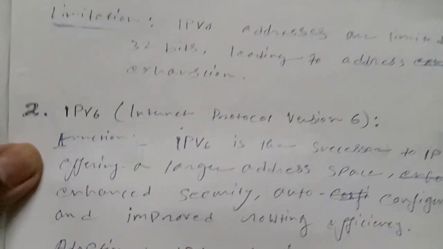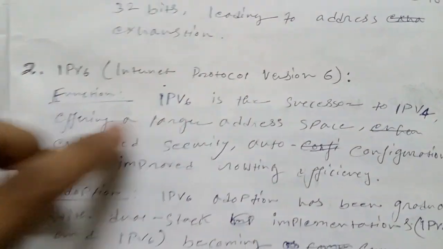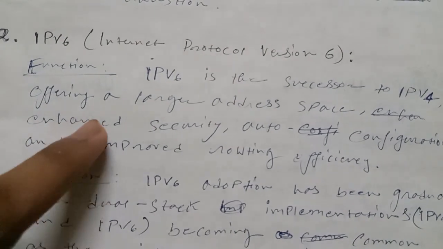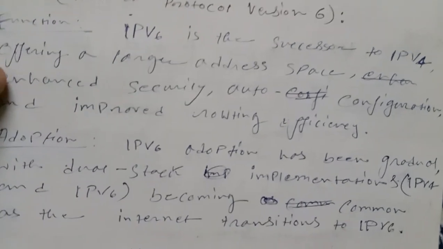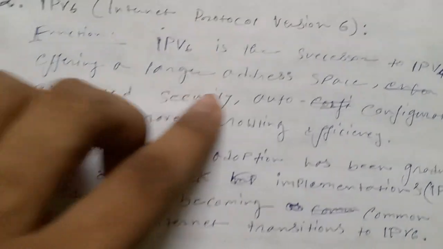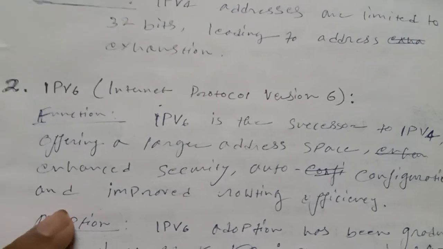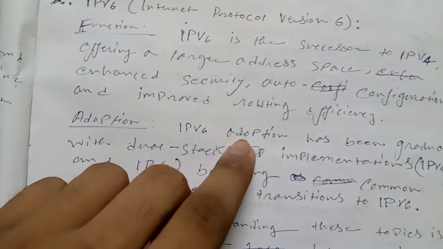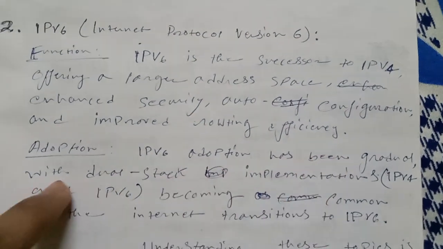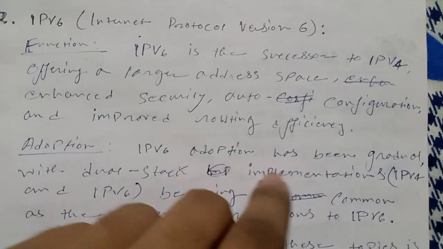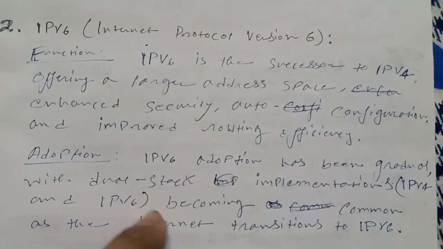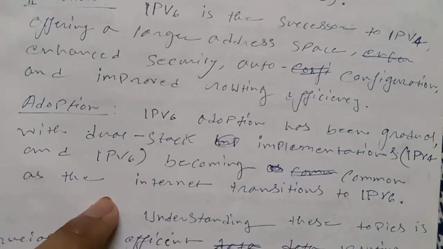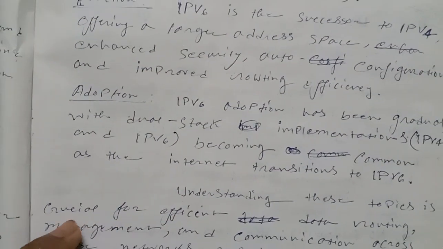Then we have IPv6, Internet Protocol version 6. IPv6 is the successor to IPv4, offering a larger address space, enhanced security, auto configuration, and improved routing efficiency. IPv6 adoption has been gradual, with dual stack implementation of IPv4 and IPv6 becoming common as networks transition.